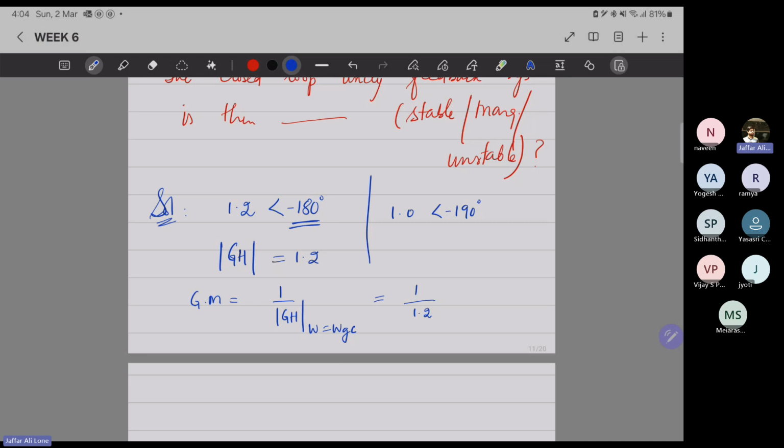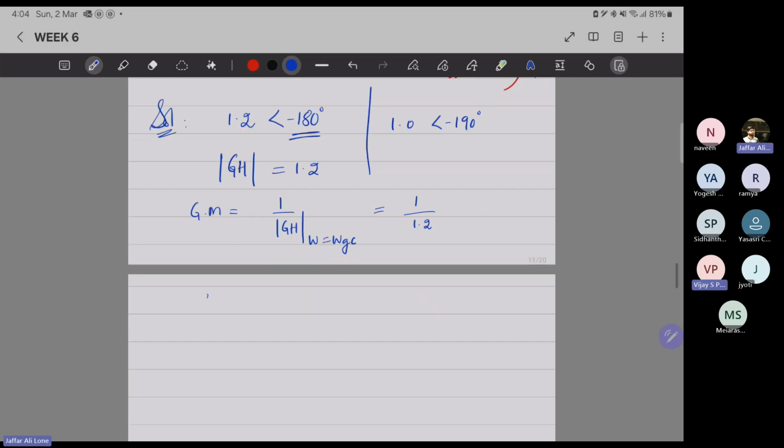The magnitude is given, everything is calculated. In decibels, you will calculate gain margin as 20 log of 1 over 1.2, which is equal to minus 1.6 decibels.